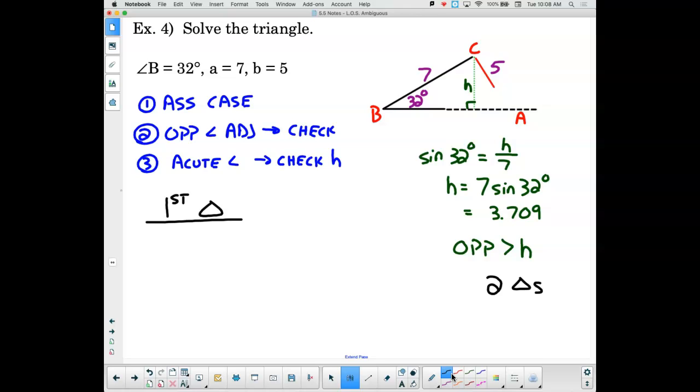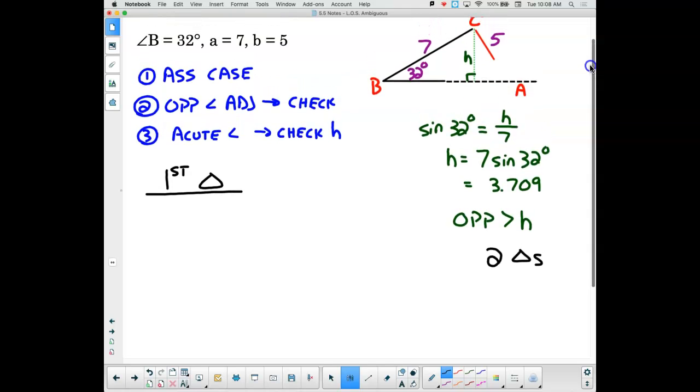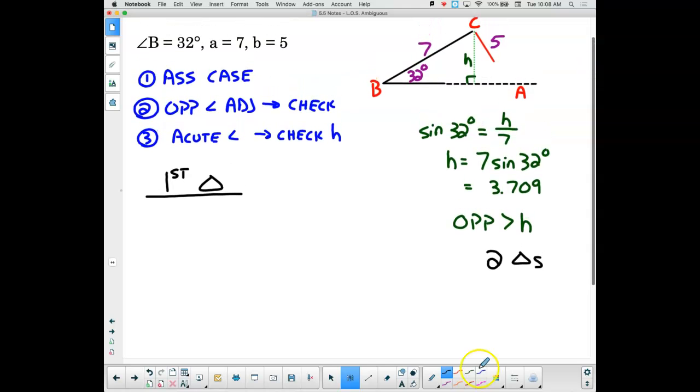So on this particular one, I would go the sine of 32 degrees over 5 is equal to the sine of A, and I'm going to call it A sub 1 because I got two. I'm going to have two different A values here because I'm going to have two different triangles. Sine of my first A over 7.